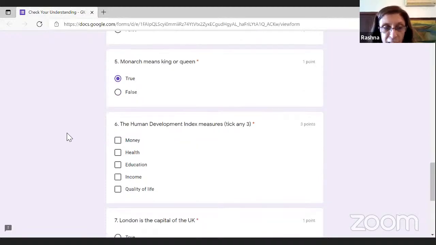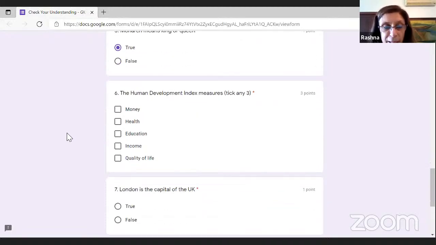The last one. The Human Development Index, sorry, it's not the last one. The Human Development Index measures money, health, education, income, quality of life. You have to tick 3. Archita.